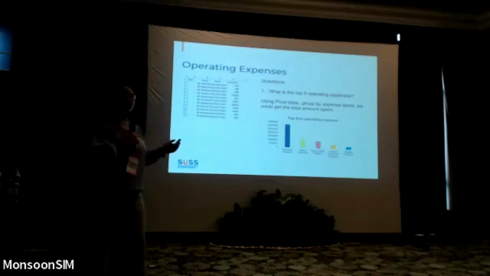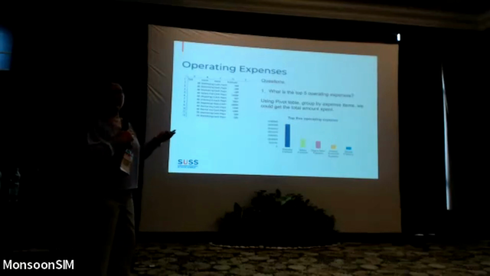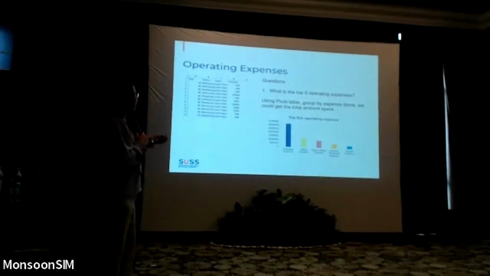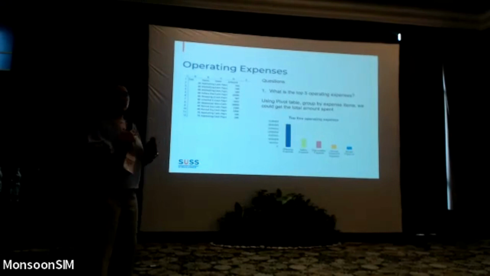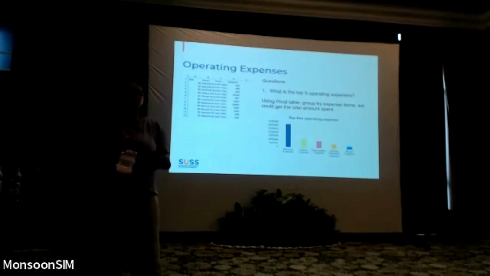So when I download from MonsoonSIM, this is a sample of the data that I downloaded. If you have one simulation game before, you can download these. It's sorted in the ascending order of the days and the amount that you spend on different items. So the question, I think this morning Carolyn also mentioned, you must know what kind of question you want to ask so that you know how to analyze.